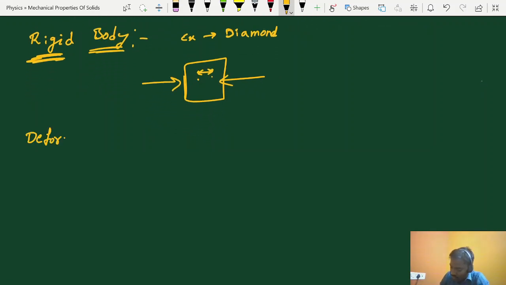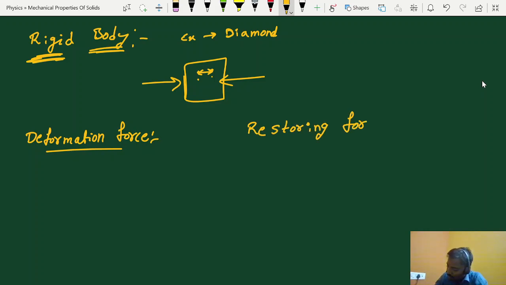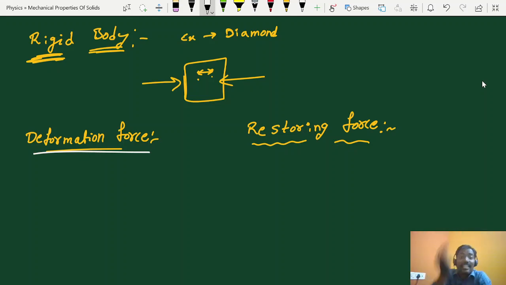Now let us talk about deformation force and restoring force. See students, deformation force is nothing but an external force which changes or tends to change the shape and size of the body.